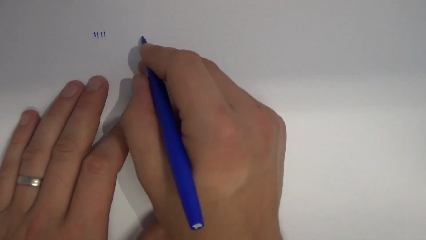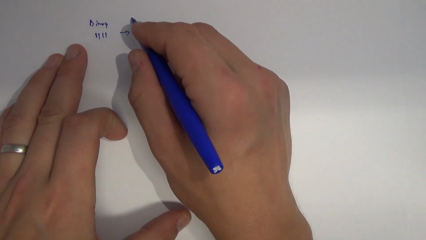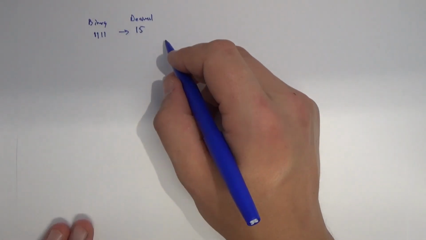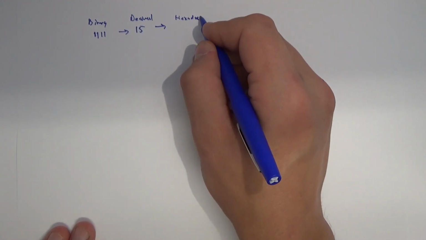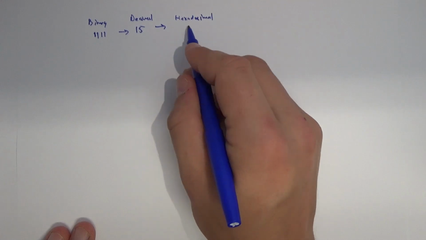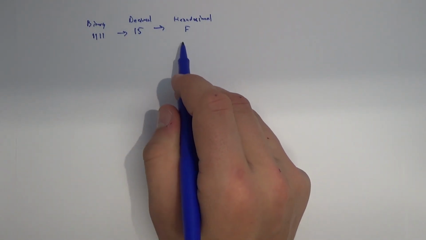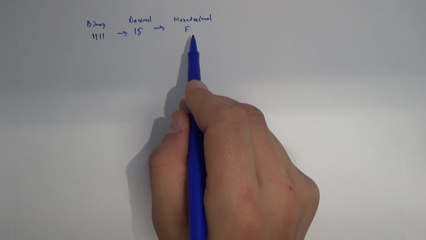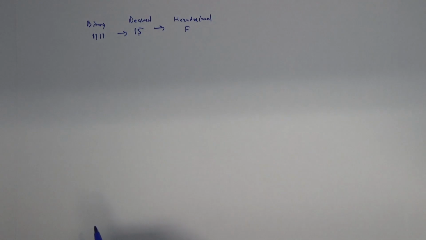If we had a number like 1111 in binary, we would convert that to decimal 15, and then we would convert that to hexadecimal, which would be a single F in the ones place, representing 15 ones. So we could go to decimal and then decimal to hexadecimal using this same tool, but that can be somewhat tedious and take a bit of time.